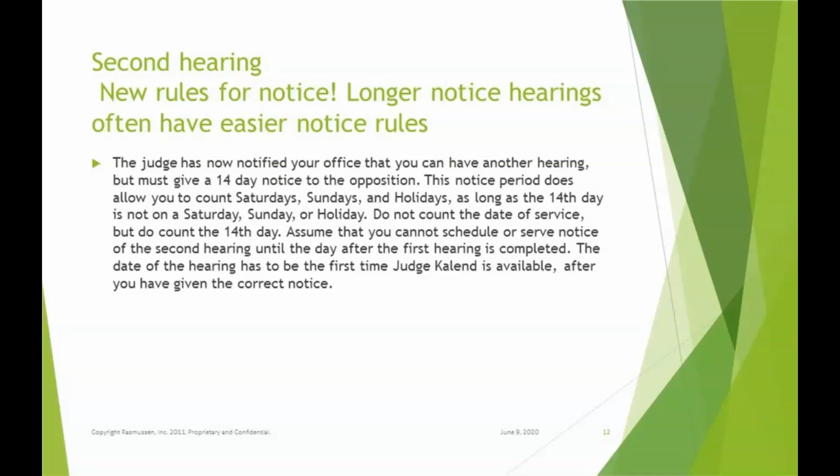So it's an easier count. You have to schedule another hearing too, but you have to give a 14-day notice. This is a little tricky because the assignment says that we cannot schedule or serve notice of the second hearing until the day after the first hearing is completed.